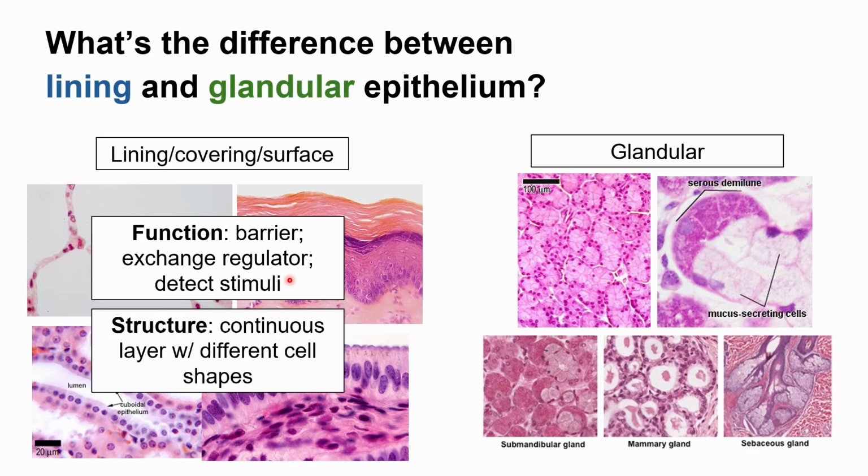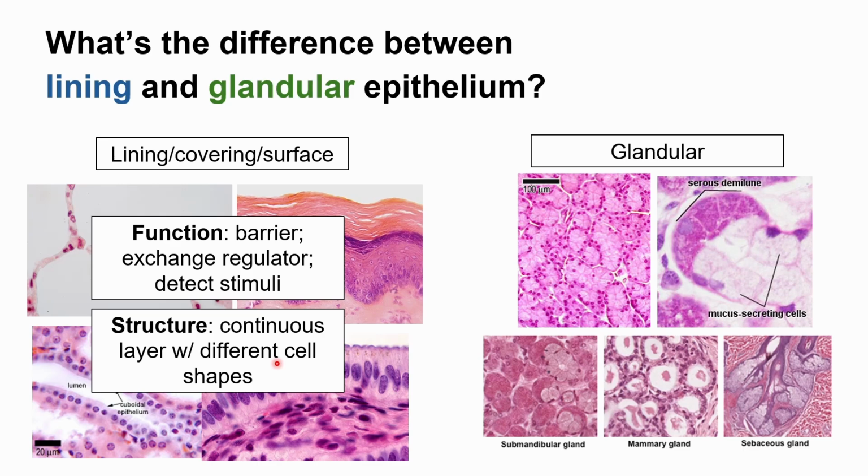Okay? For the structure, it is a continuous flat layer with different cell shapes. Flat, quote unquote. Technically, it is basically a sheet which conforms to the shape of the quote unquote container or organ or tissue structure which it is covering or enveloping.